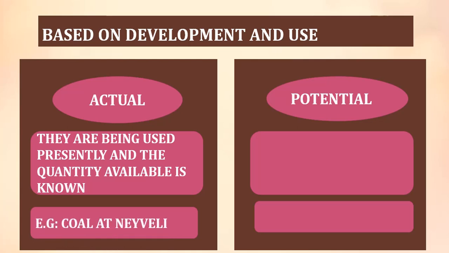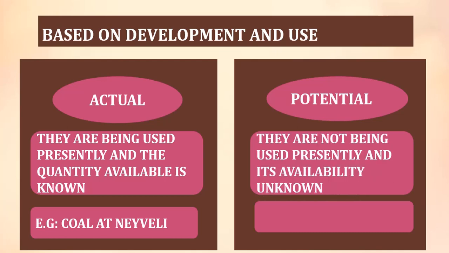Potential resources are those which have not been found presently or those which have been found, but it's not available or it's not being widely used at present. But maybe it could be used widely in the future. For example, marine yeast.